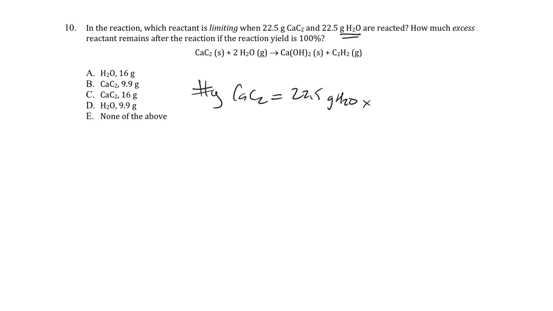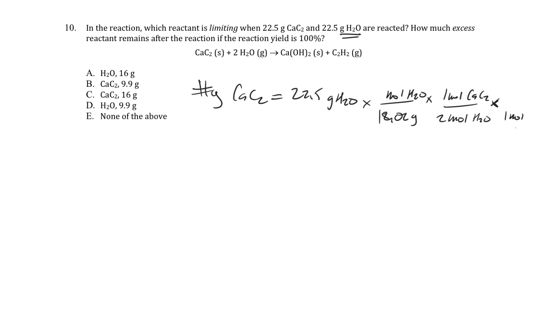that we have present. Molar mass of water, 18.02 grams per mole of water. For every 2 moles of water that react, we can have 1 mole of calcium carbide react with it. The molar mass of calcium carbide is about 40.1 plus 12.01 times 2. It's about 64.1 grams.